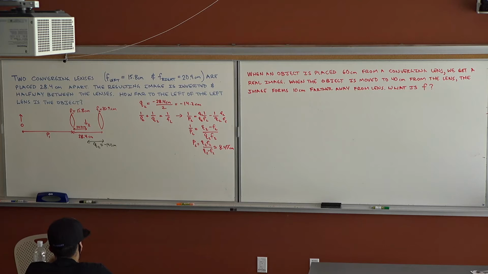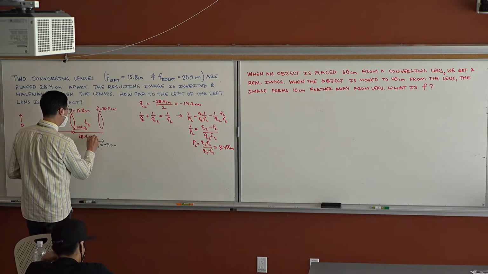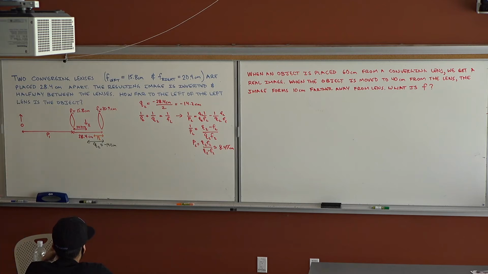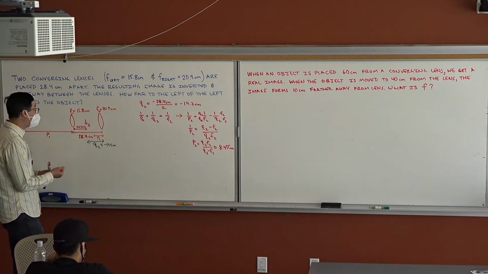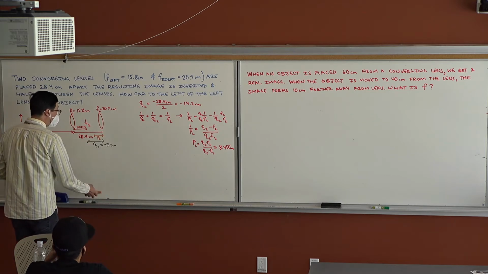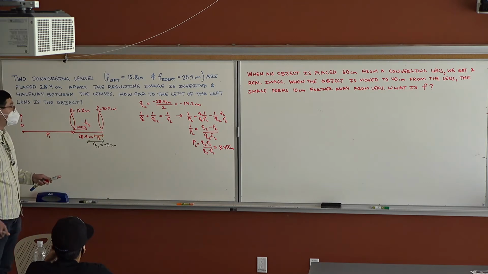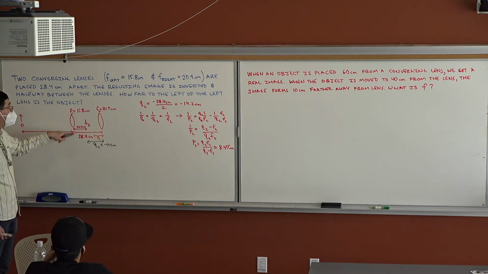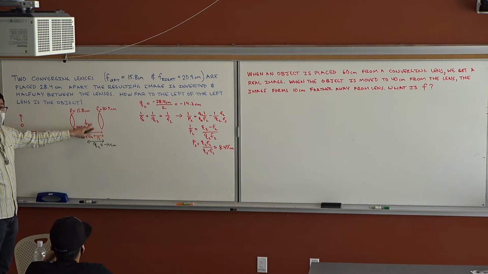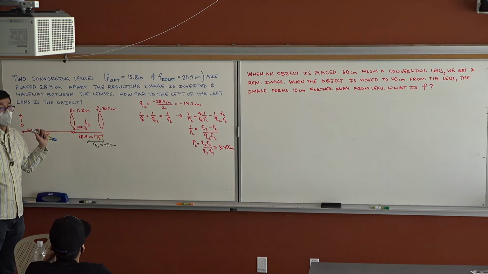So if I come back to our drawing, that tells me that this is P2. Yay? But remember, P2 is the image from lens 1, right? The object for lens 2 is the image for lens 1.